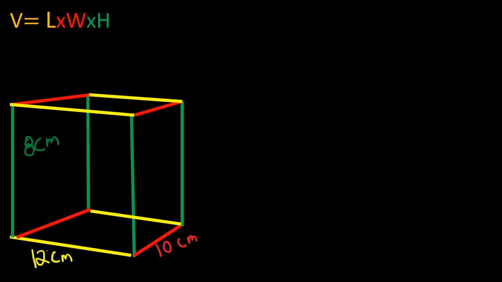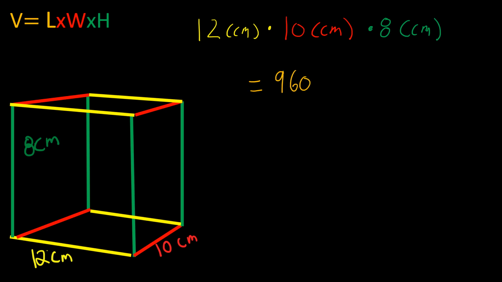So our length is 12 centimeters, multiplied by our width, 10 centimeters, multiplied by the height, 8 centimeters. 12 times 10 is 120, 120 times 8 is 960. So our answer is 960 centimeters cubed.